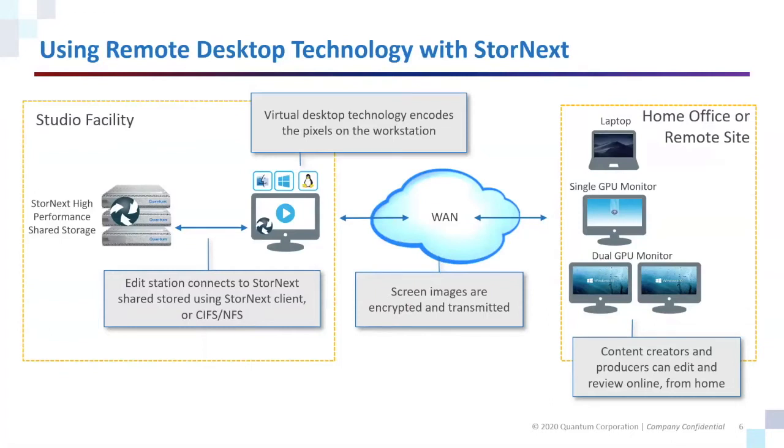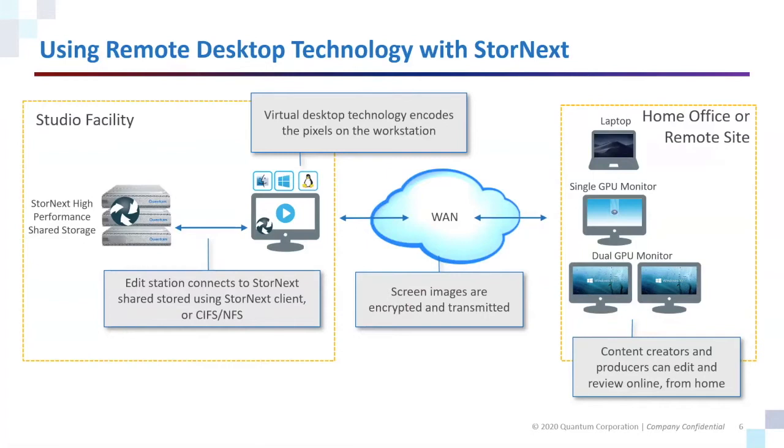In our case, we're showing StorNext high-performance shared storage across multiple workstations. This is all in place today. We have StorNext direct attached clients. We have the ability to have CIFS, SMB, NFS connectivity. And like I said, for most of the existing customers today, this is what you have in place.